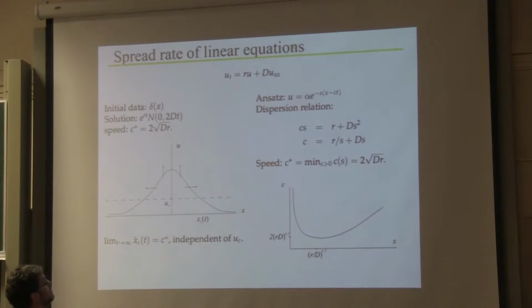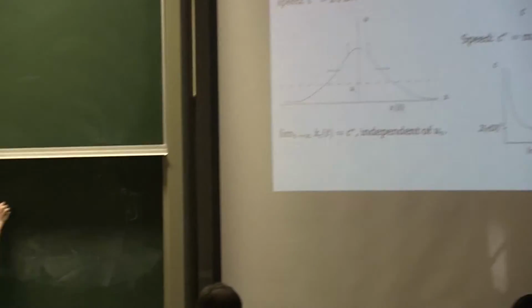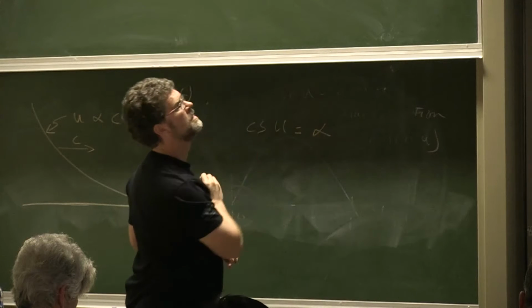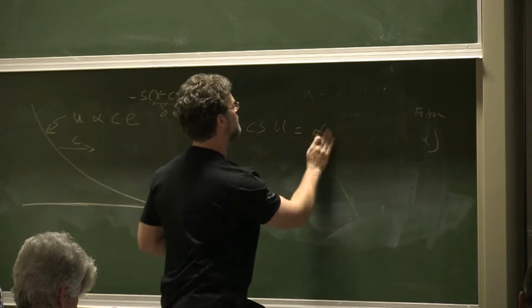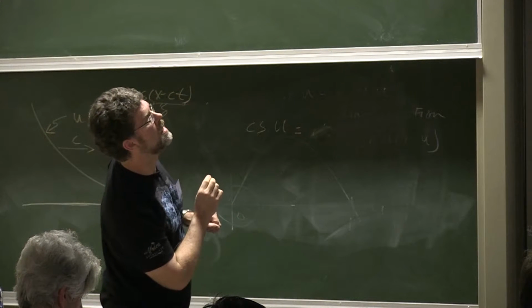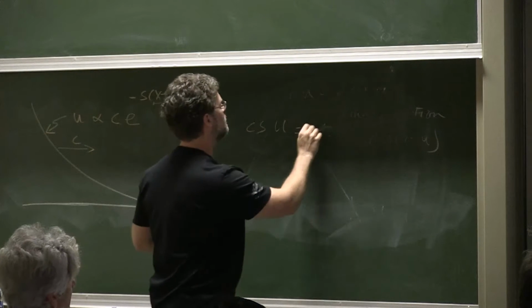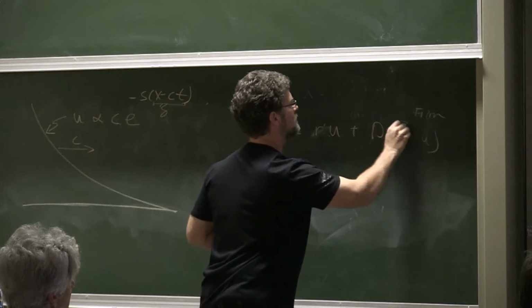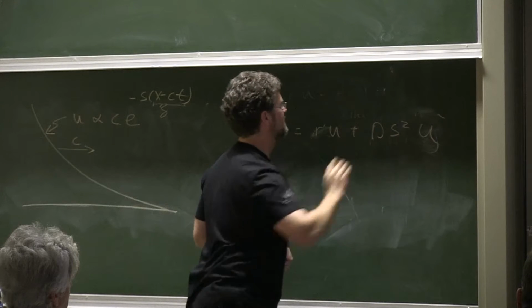So putting this into the equation, c times s times u is equal to r times u plus d times s squared times u.